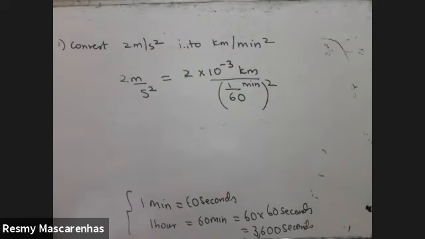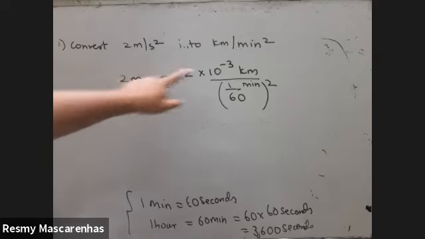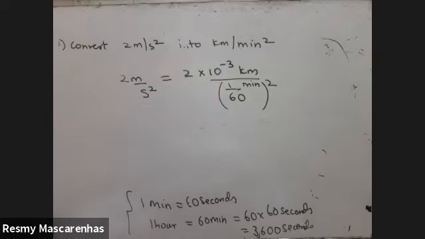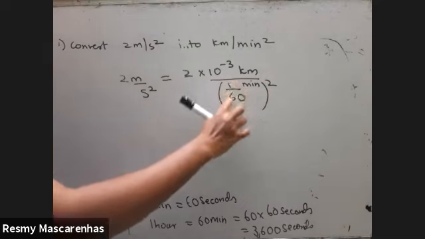Why am I doing this? They have told to convert. So meter into kilometer conversion I've already given, that is fixed. Wherever there is second, you want to convert in minutes, this is fixed, 1 by 60 minutes. So this square will apply to all the terms.